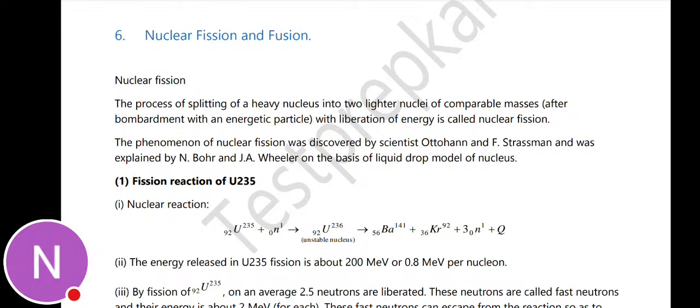The process of splitting of a heavy nucleus into two lighter nuclei of comparable mass, with the liberation of some energy, is called nuclear fission.